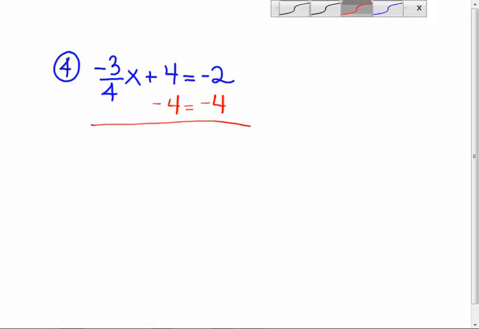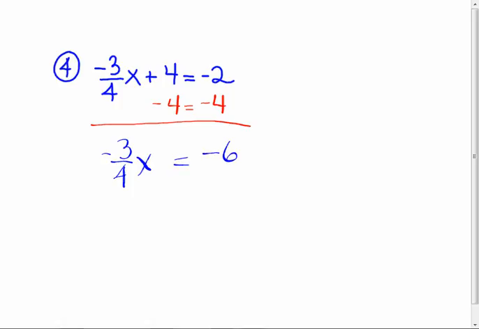And what am I going to get there? Negative 3/4 x. And then we check, Keaton. Is 4 minus 4 0? Yes. What's a negative 2 and a negative 4? Negative 6.